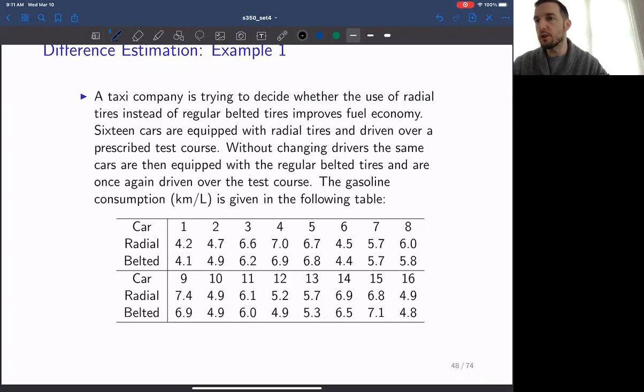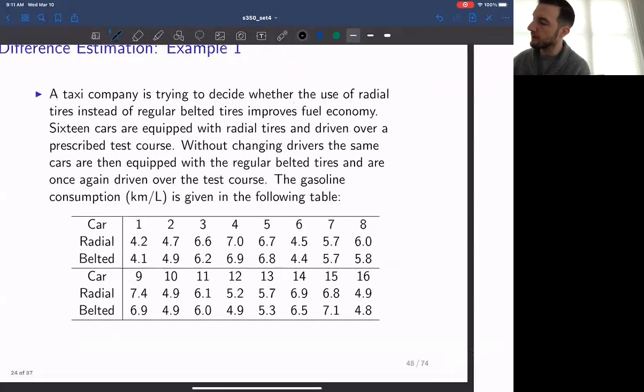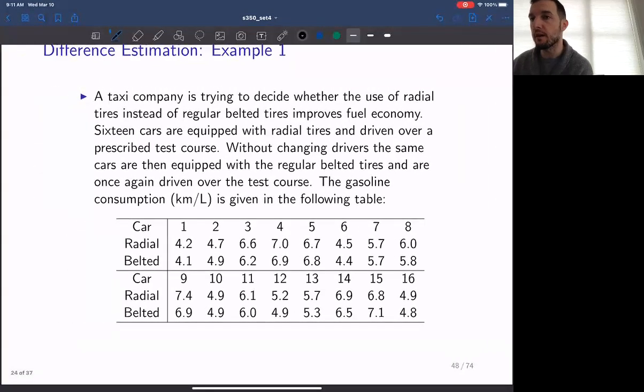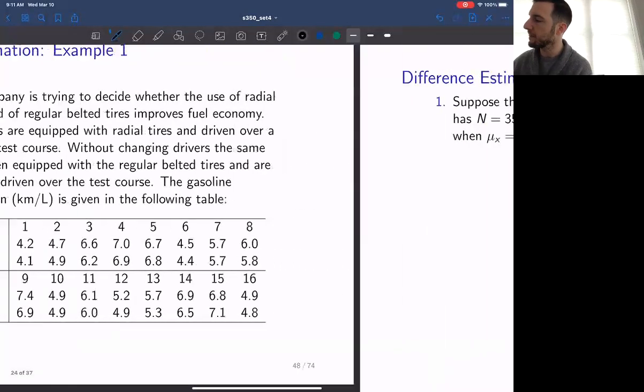Further, the measurements being returned from each observation have the same units. So they are fuel consumption measurements. For example, on observation 1 for the radial tire, you have 4.2 kilometers per liter. Observation 1 for the belted tire, you have 4.1 kilometers per liter. So this is a situation where we have measurements that are occurring on the same scale.